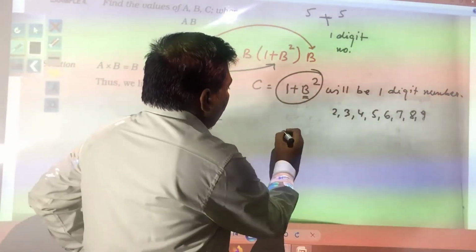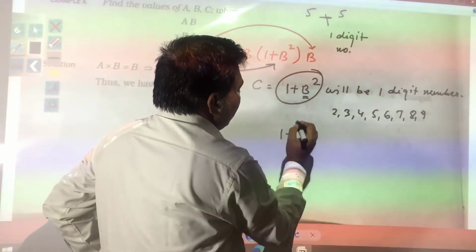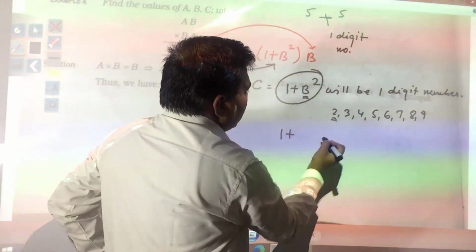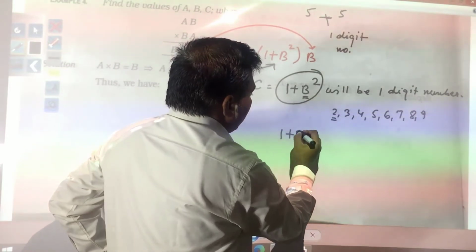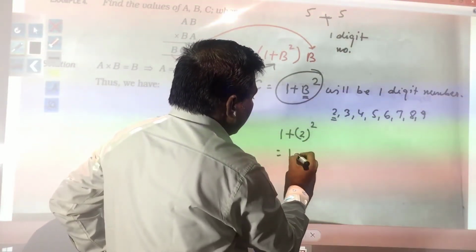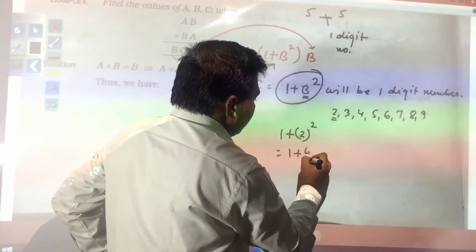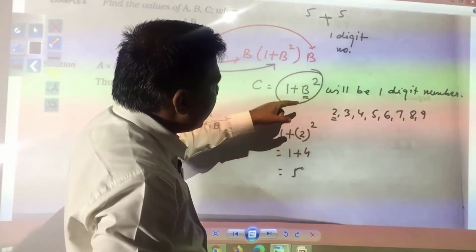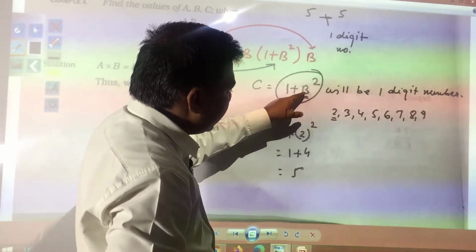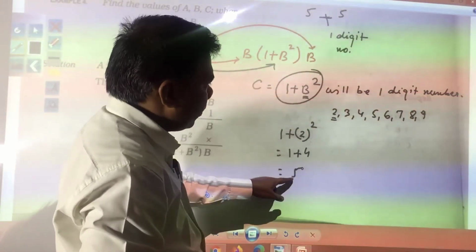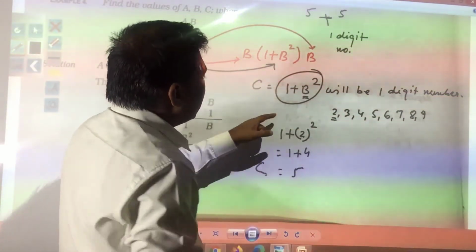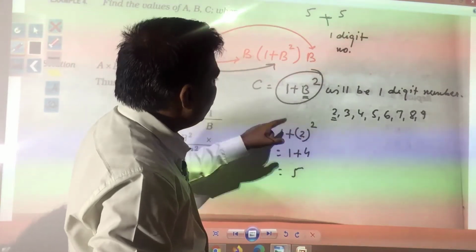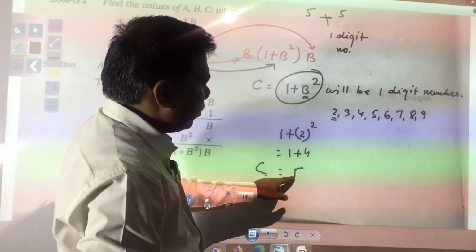Now you see, start with value 2. Suppose you are putting 2, what will you get? You will get 1 plus 2 square, means 4, it means 5. So when the value of B is 2, C will be 5.